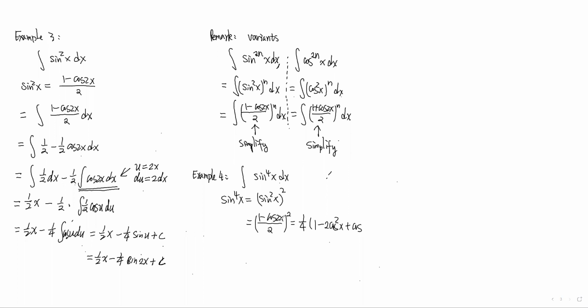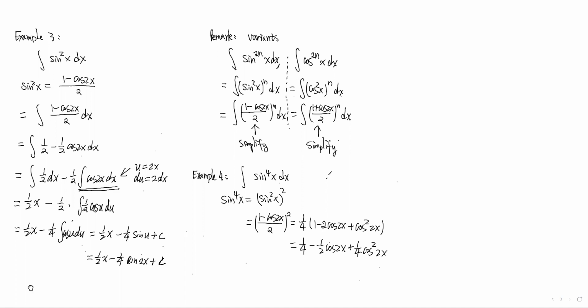Cosine 2x, right? Cosine 2x, let's get 1 minus 2 cosine 2x plus cosine x. This is 1 minus half cosine 2x plus 1 over 4 cosine 2x.